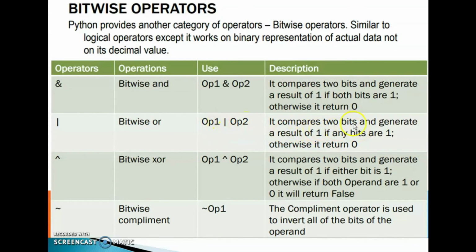It compares 2 bits and generates a result of 1 if any bit is 1. Otherwise, it returns 0. Third one, caret symbol, that is bitwise XOR, operand 1 XOR operand 2. It compares 2 bits and generates a result of 1 if either bit is 1. Otherwise, if both operands are 1 or 0, it will return 0.